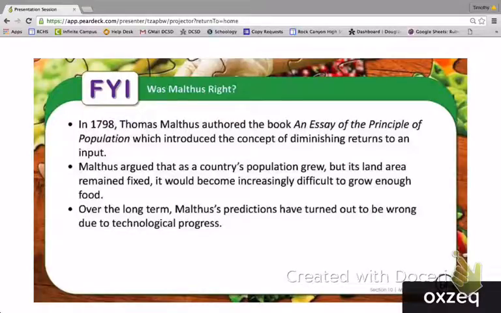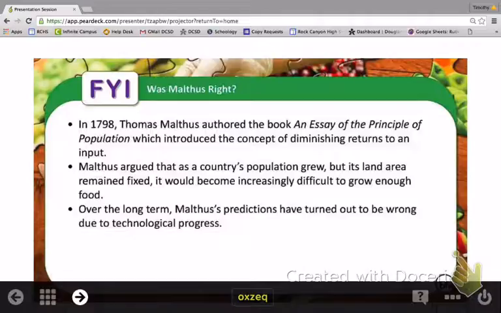So improvements in technology allow us to get more total product out of a fixed amount of resources. But we still have the law of diminishing marginal returns at work, or we'd be able to feed the entire world on 1 acre of land. So Malthus was still right. He just didn't anticipate the change in technology that would allow us to produce more.